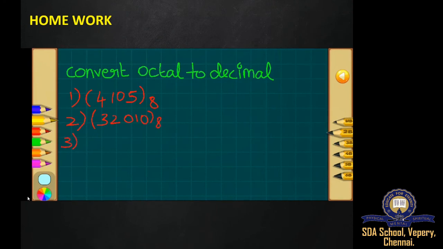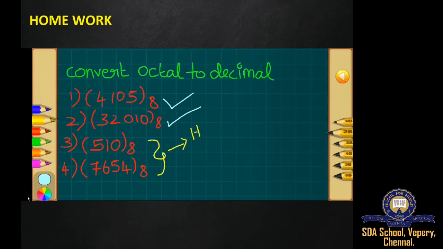This is the second sum, and the third sum is 510. Fourth sum is 7654. This is the fourth sum. The first 2 sums we have completed and the last 2 sums are your homework.